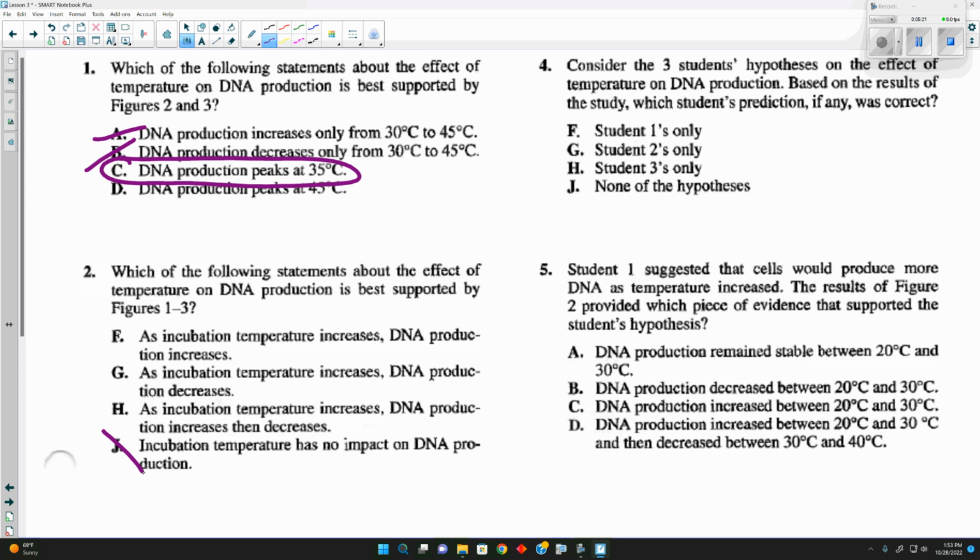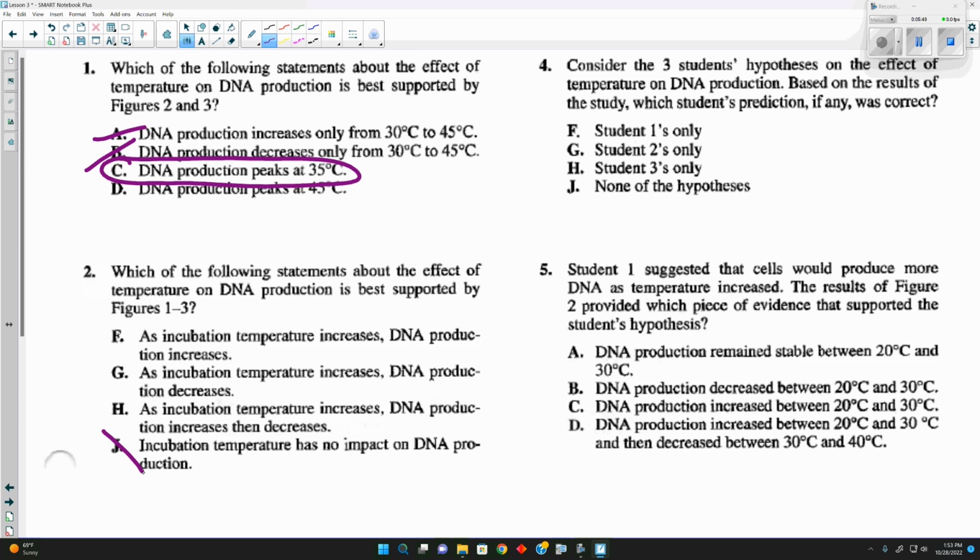So as temperature increases, DNA production increases. So across the whole thing, does it always increase? No. So H, as incubation temperature increases, DNA production increases then. So does it go up at first? Because we have that little bump, then it goes up, and then what does it do?